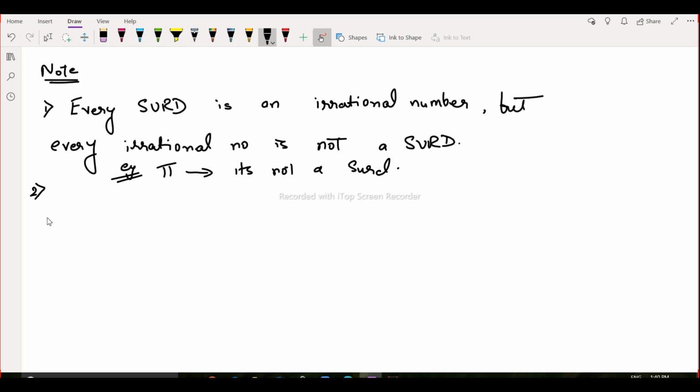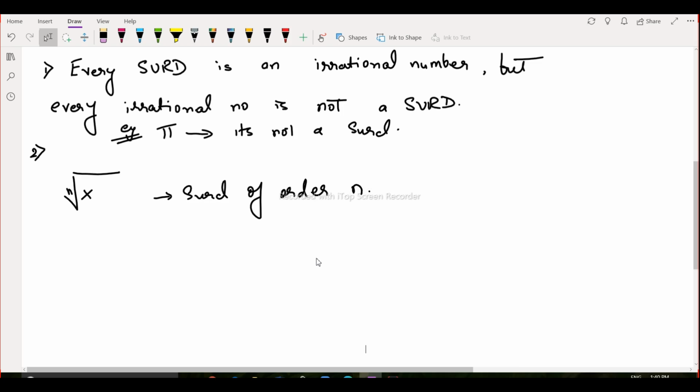Second point. Whenever we have something like this, where we have written nth root of x, we call this a surd of order n. This is what we need to remember.